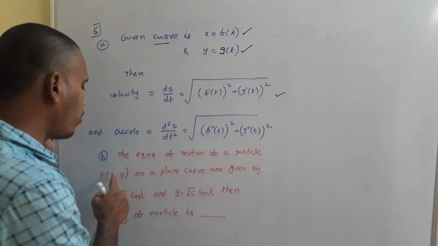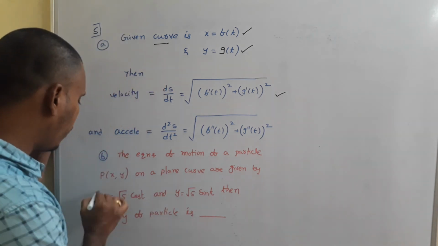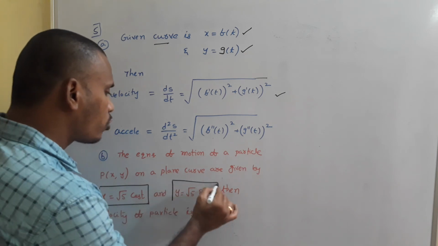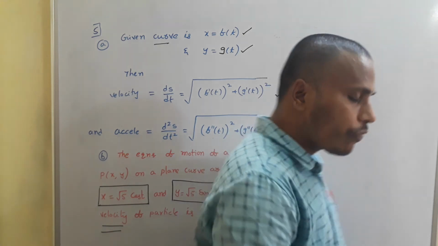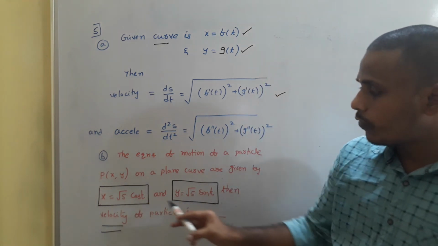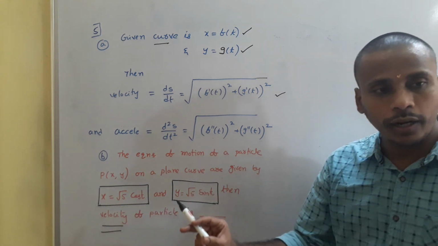The equations of motion of a particle x comma y on a plane curve are given by x equals root 5 cos t, y equals root 5 sin t, and the question is about finding the velocity of that particle. As I said, x and y are not connected directly. These two are connected with respect to the parameter t.